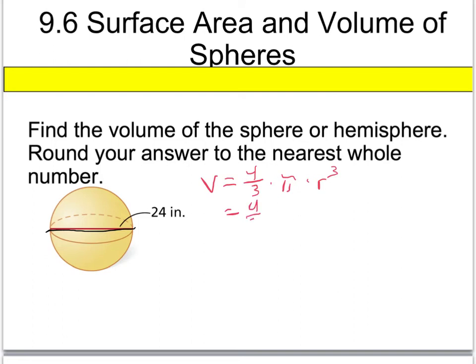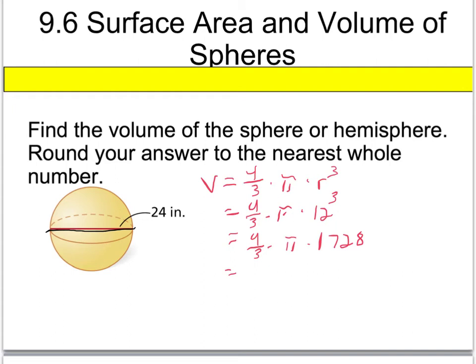So you get 4/3 times pi times 12 cubed. When you cube 12, you come out with 4/3 times pi times 1,728. Again, you could take 4 divided by 3 and multiply it by 1,728.